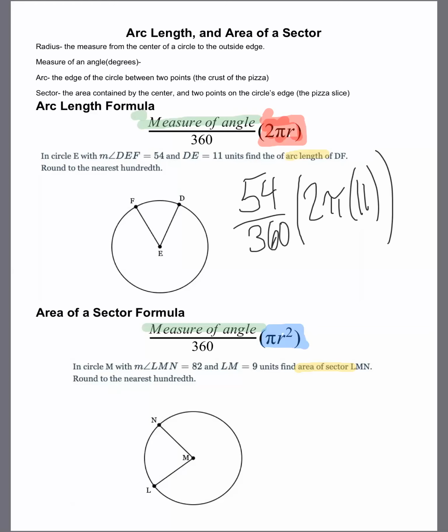When you put that in your calculator, let me see if I can break it into steps for you. 54 divided by 360 is 0.15, times 22 times pi. And then 0.15 times 22 is 3.3 pi.